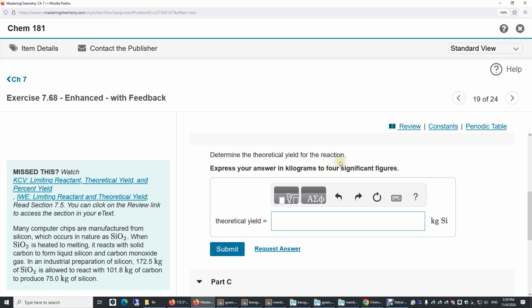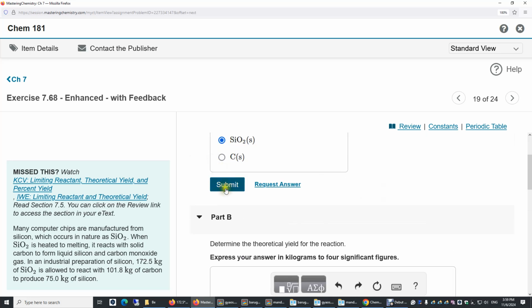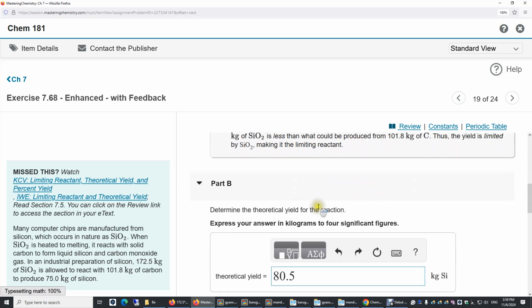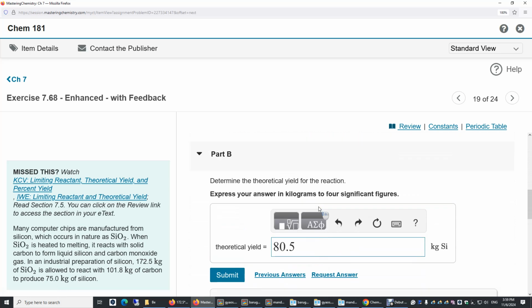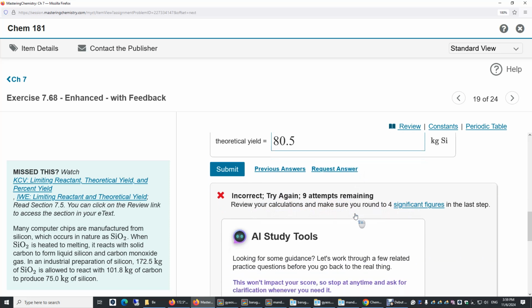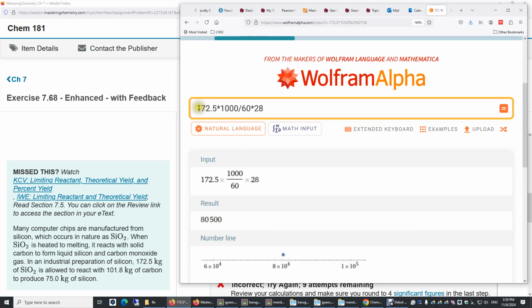Determine the theoretical yield for this. How many kilograms? 80.5. We just compute it and submit. Review your calculations and make sure you round to 4 sig figures. Oh, that's interesting, 4 sig figures.